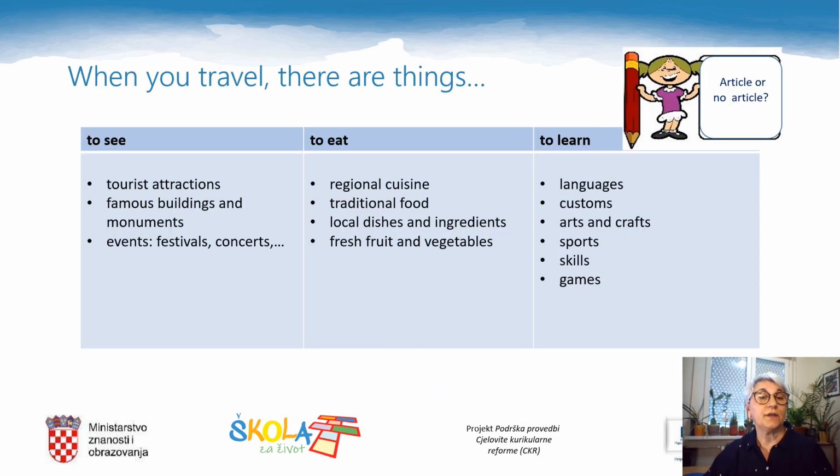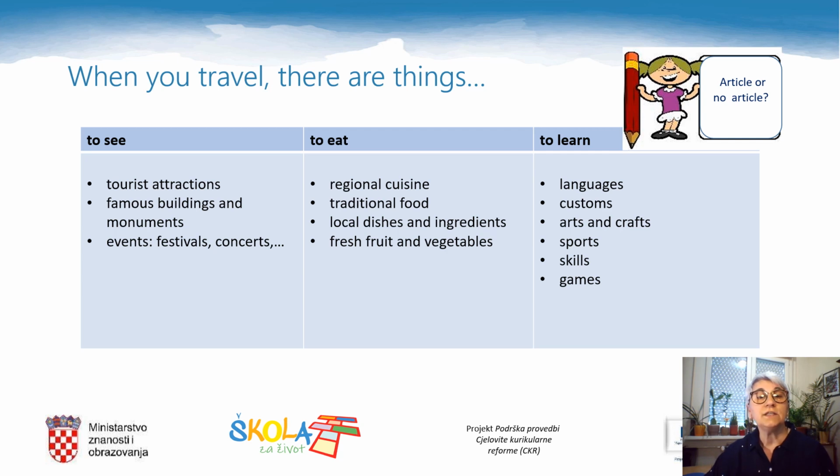When you travel, there are things to see, to eat, and to learn everywhere you come. For example, when you travel to a place, there are famous buildings, there are events there. Can you name a few in the place where you would like to go or in the place where you live?